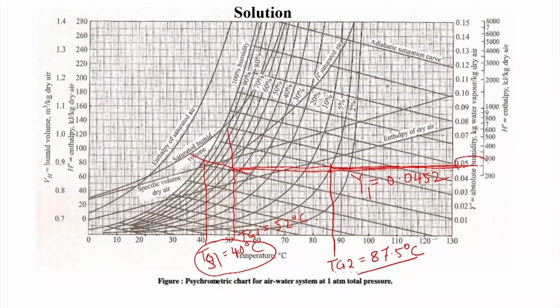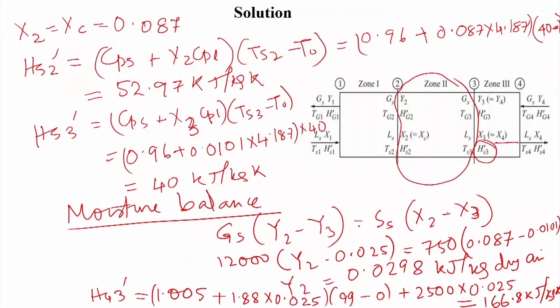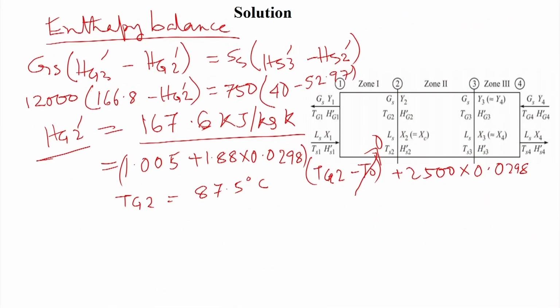It will be like this. So, Ys will be equal to say 0.05. Okay. So, now we need to get this T2, whatever the time required to dry in the second zone.